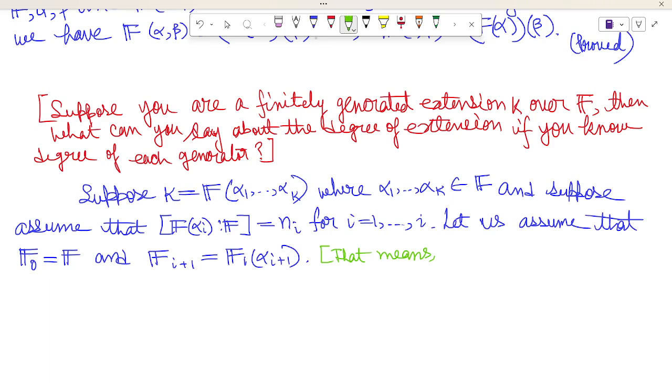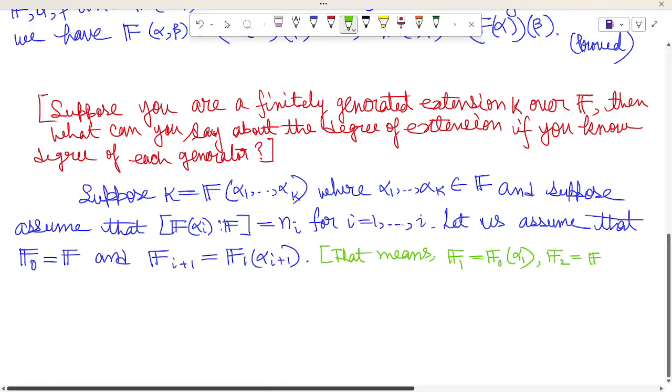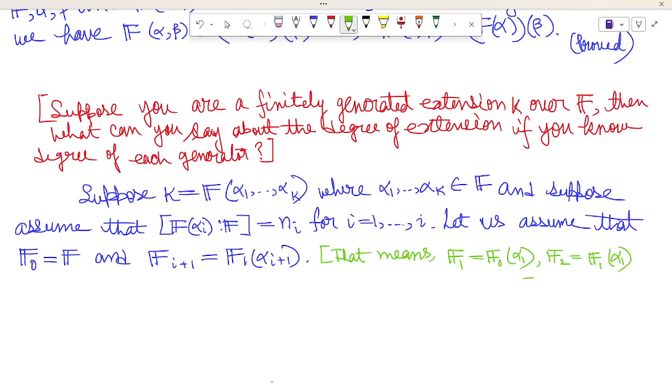I am writing two steps, you will get it. What is F1? F1 is F0 alpha 1. F2 is F1 alpha 2. But what is F1 alpha 2?